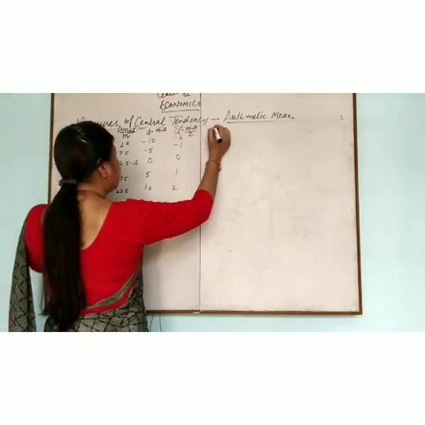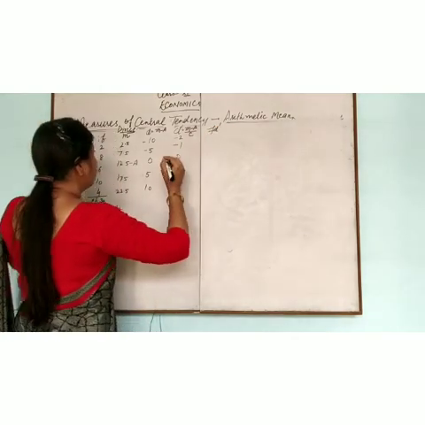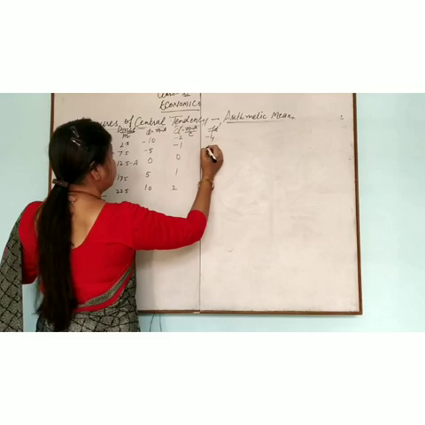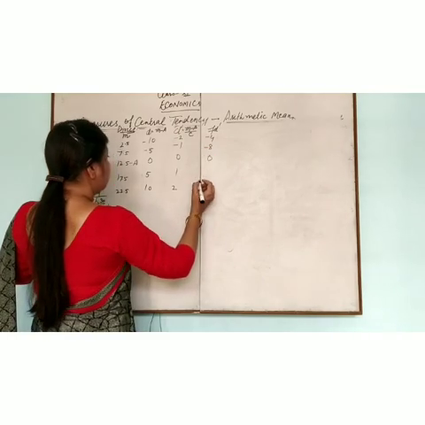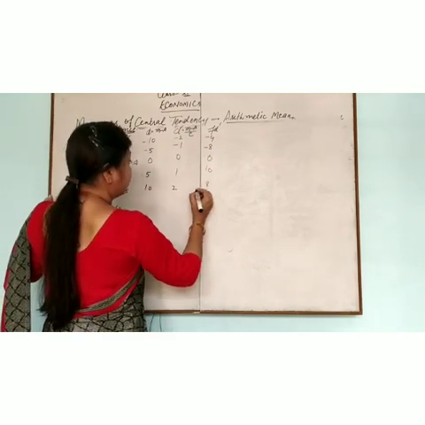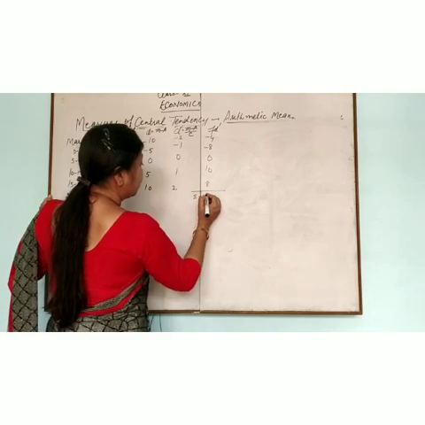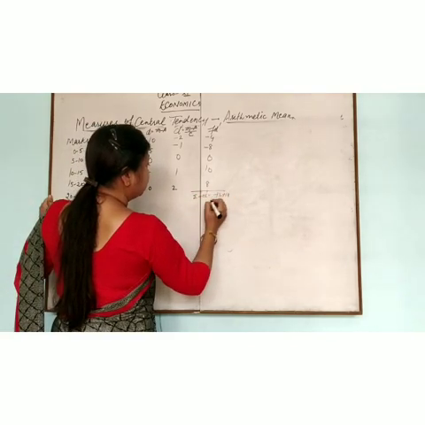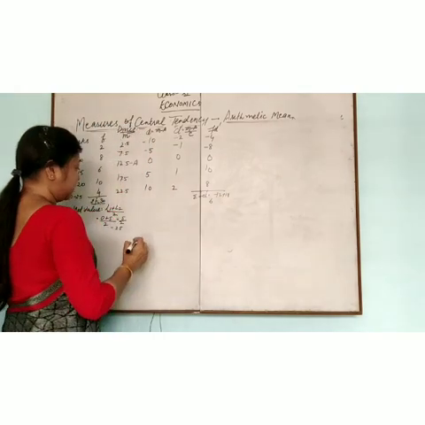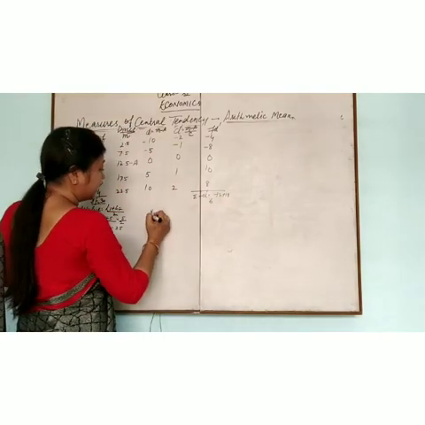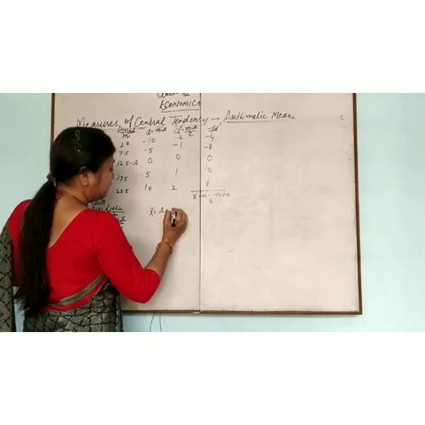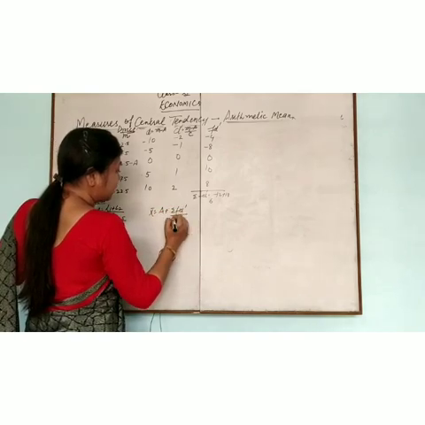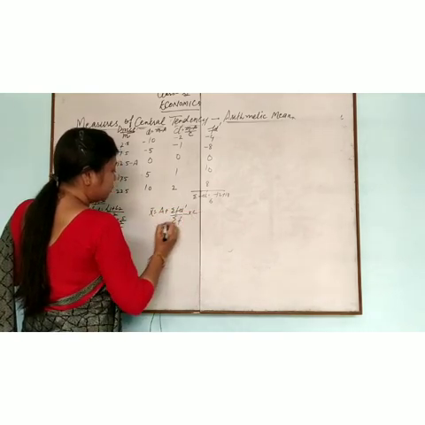Now we will multiply f and d dash: minus 4, minus 8, 0, 10 and 8. Here summation fd dash is equal to minus 12 plus 18, that is equal to 6. Now the formula is x bar is equal to a plus summation fd dash upon summation f, into c.